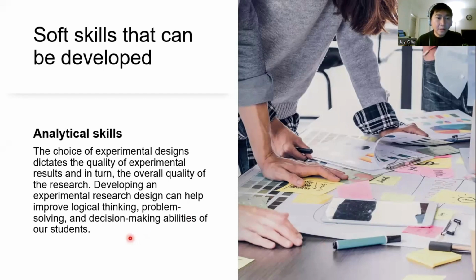Because experimental design ultimately dictates the quality of the experimental results, developing an experimental research design can also improve the logical thinking, problem-solving skills and decision-making capabilities of our students. This is where their creativity and resourcefulness come in when thinking about or coming up with an experimental design.